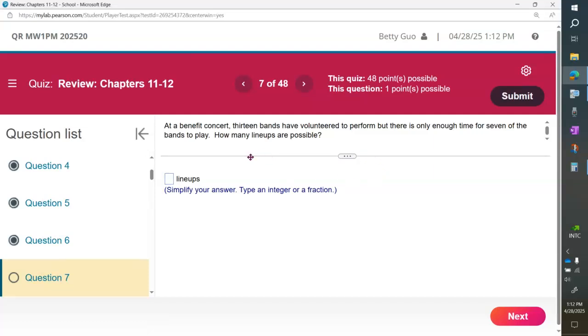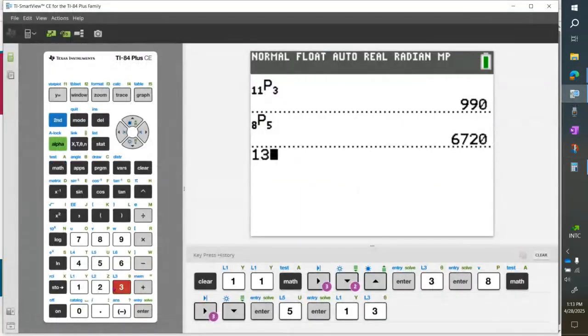How many bands are available? 13 available, but we only have time for 7. So P13 7 on our scratch paper, especially when the problem does not have the numerals. Instead, it gives the English word for the number 13, right? And 7. So you need to take notes. So this is P13 7, 13 first.